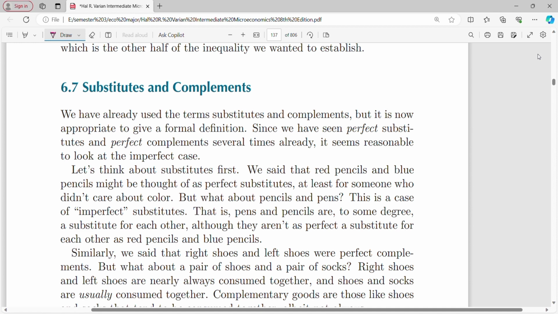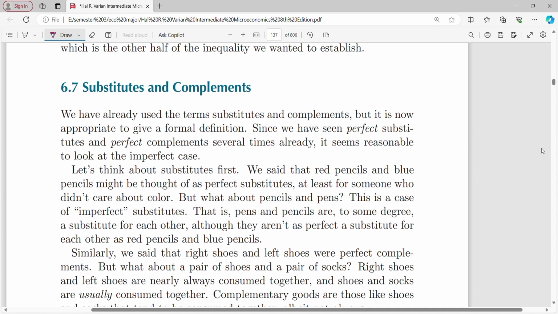So when the price of red pencil became expensive, the consumer switches to consuming blue pencil only. That is, when the price of red pencil increased, demand for blue pencil increased. The consumer substitutes away from the more expensive good to the less expensive good.